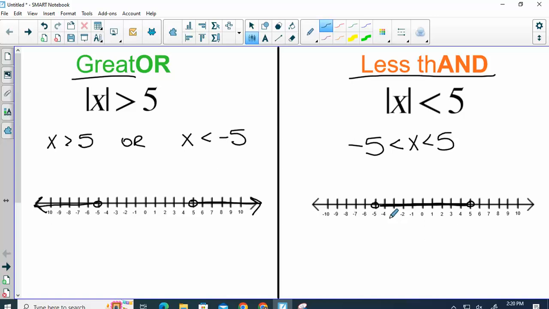And that's what we're solving. Our graph should be in between the two numbers. Great or, we do two separate ones. Our graph goes two separate directions. So everybody should have this at the top of your paper. Let's look at a few problems.